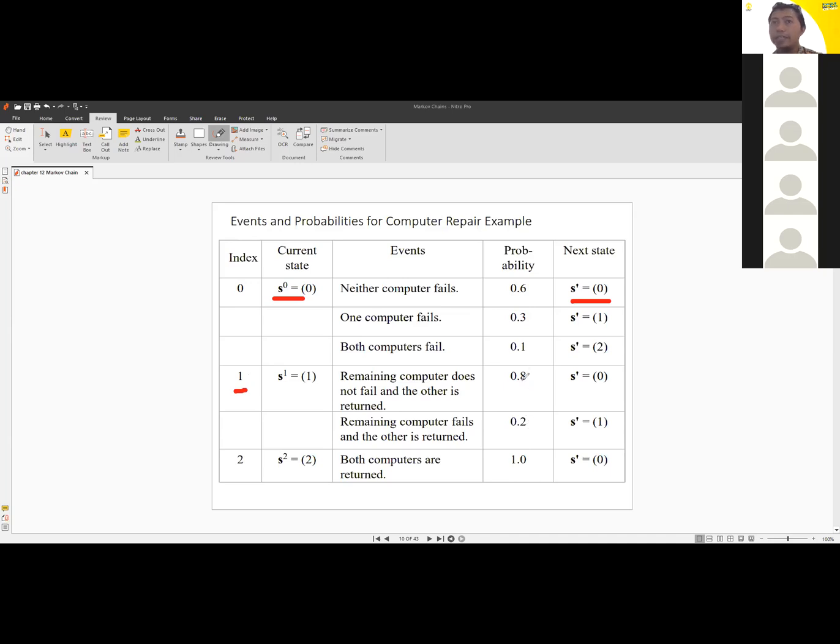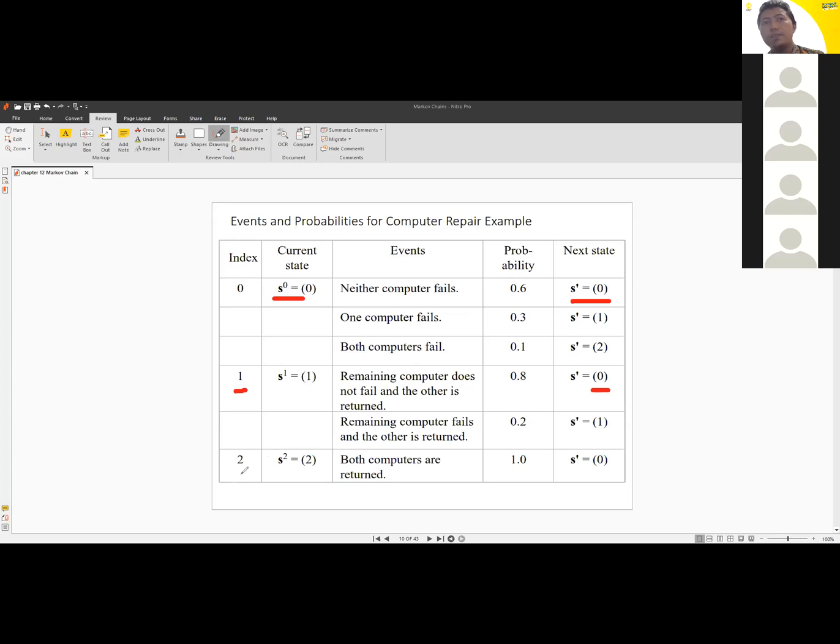If 0.8, the computer returns, so the next day is okay, both computers work well, so back to index 0. But if the remaining computer fails and one returns, it means one computer is okay the next day, so the next day the state is index 1.